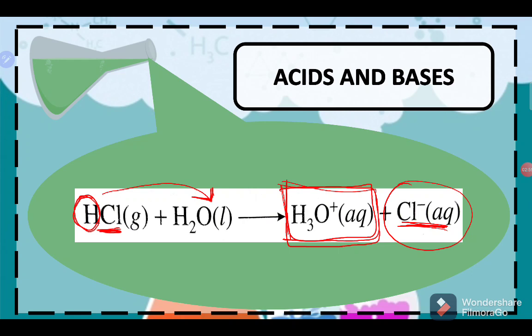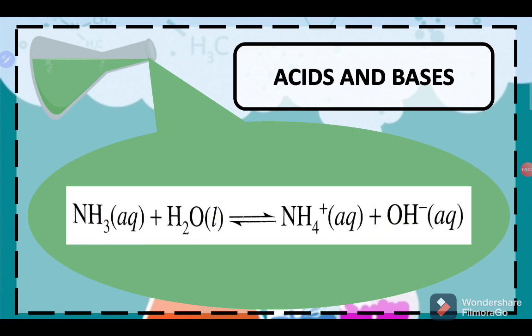The one that donates the hydrogen ion is considered an acid, so that is HCl. And the one that accepts the hydrogen ion is considered the base. So this reaction is based on the definition of Bronsted and Lowry.